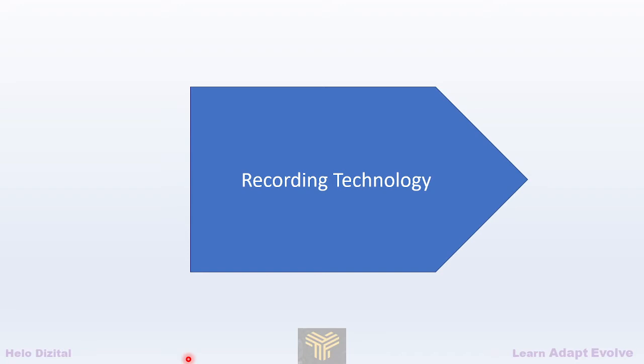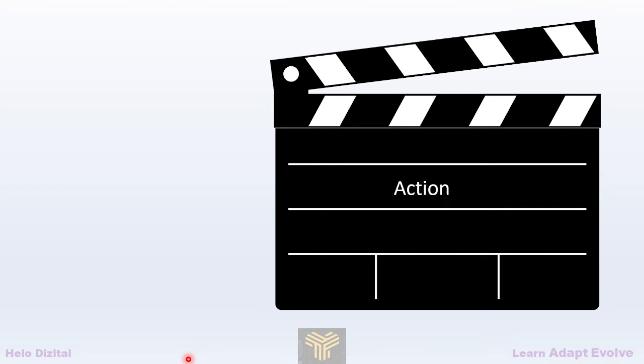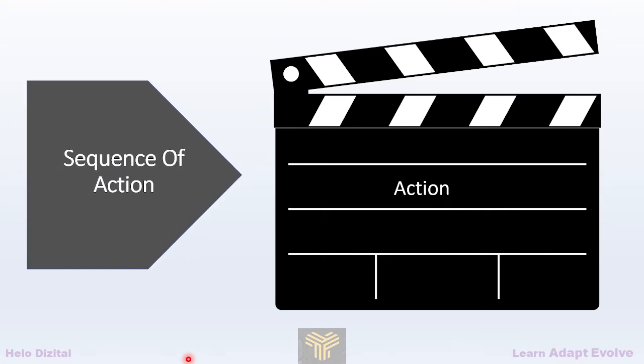This definitely makes the automation of the business processes a lot easier and faster. So as we understood the first block, let's move to the next block, that is sequence of action.